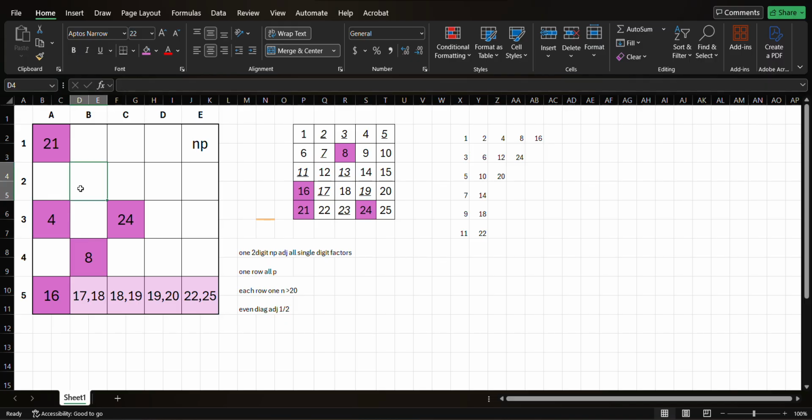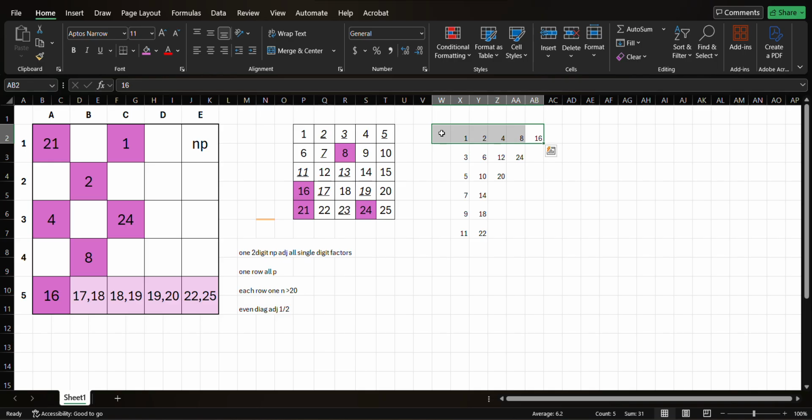And again, the 2 has to be adjacent to that, so that's diagonally adjacent there. And the 1. They're the only options as it happens. So 1, 2, 4, 8, 16 are all done there. So it's nice and easy there. So we've got 1, 2, 4, 8, 16. Yep.